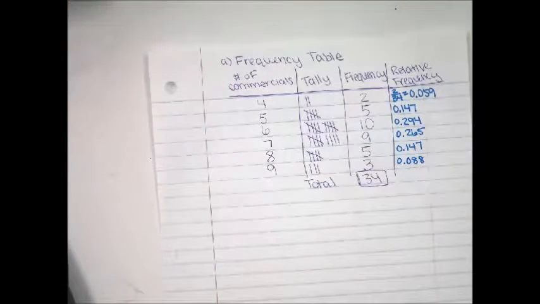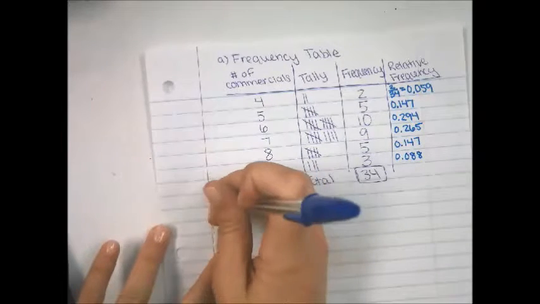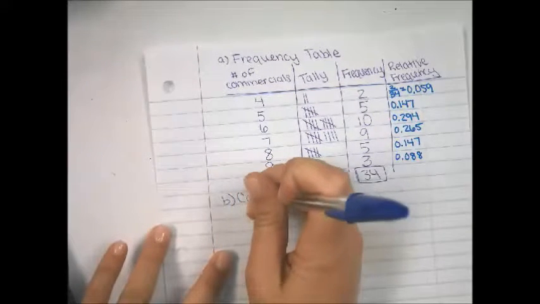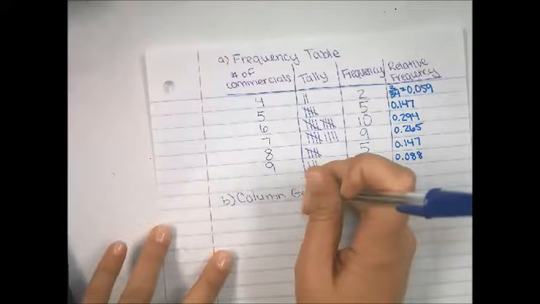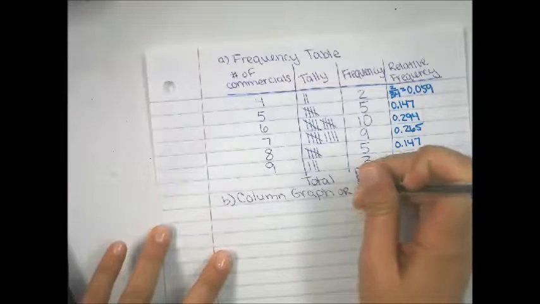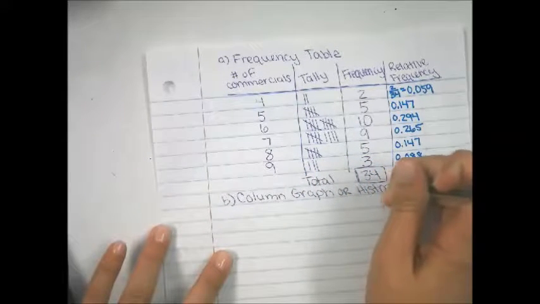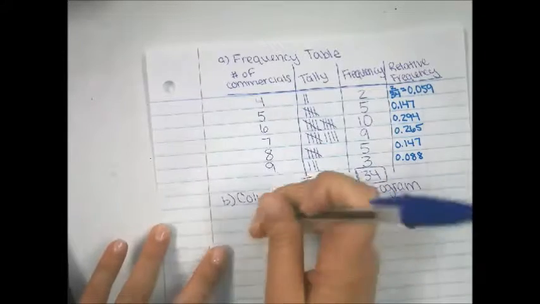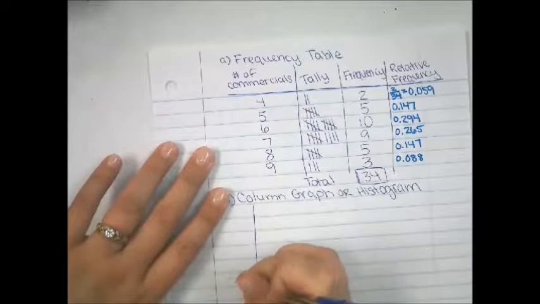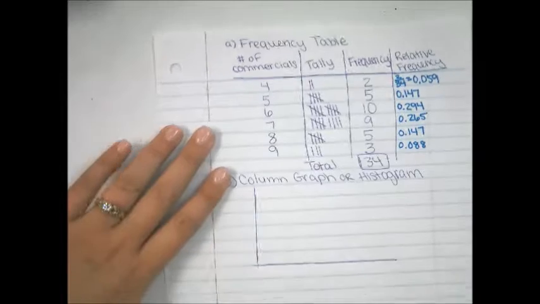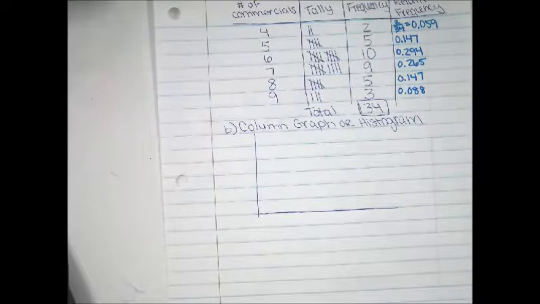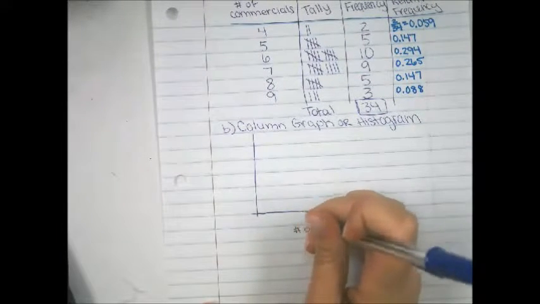To go from frequency table, we can go down to a column graph. So B would be a column graph, also called a histogram. So in a column graph or a histogram, it's like a bar chart is another name for it. So down here we're going to put number of commercials.